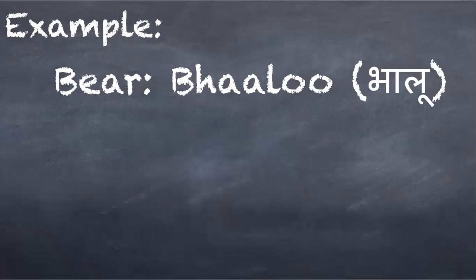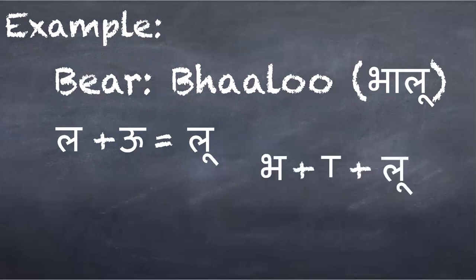Now Lu sound is made by Vyanjan L and Swar U, and together they are going to make Lu sound. And then we can break down the word. So Bh and then Swar A and then Lu, and together it will make the word Bhaaloo.